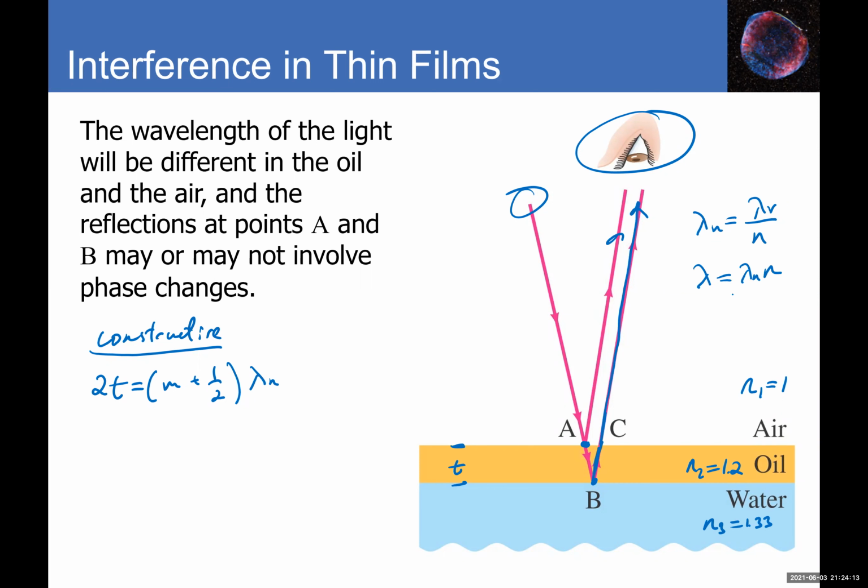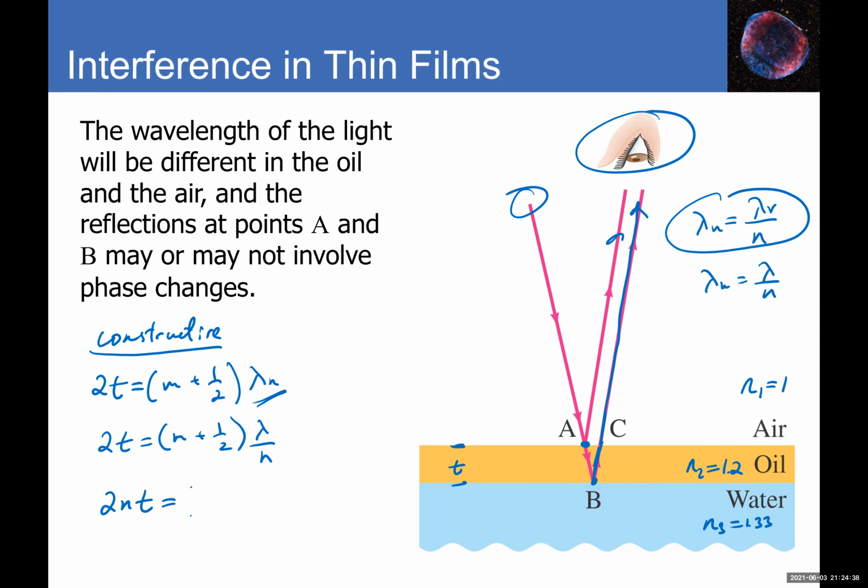Or, if I take this lambda n and replace it with lambda over n, then 2t equals m plus 1 half times lambda over n. I can also move the n over, so 2nt equals m plus 1 half times lambda. This will be the condition for constructive interference.